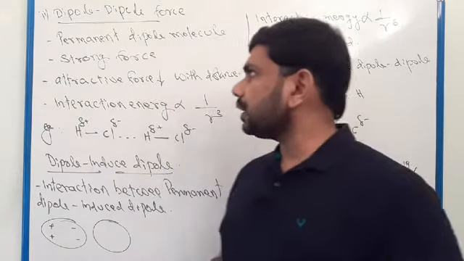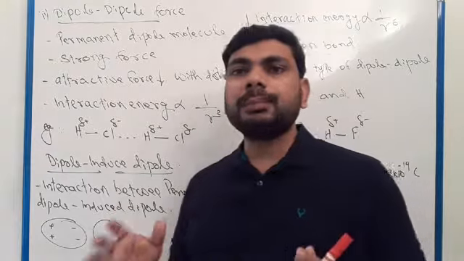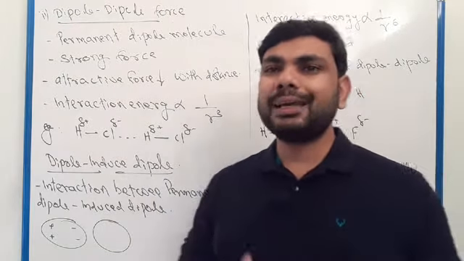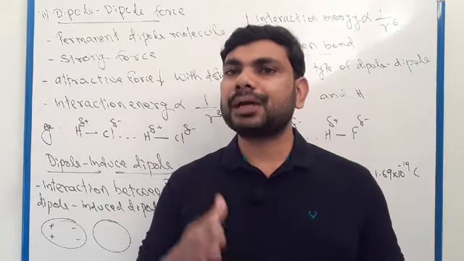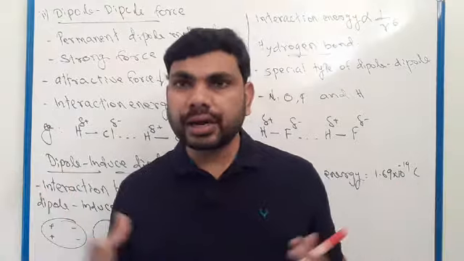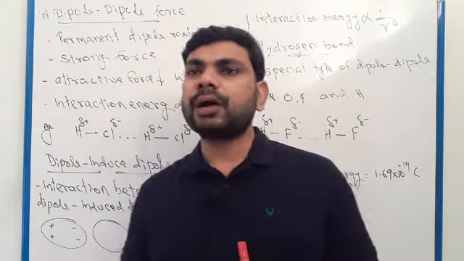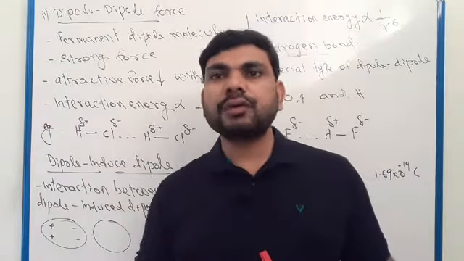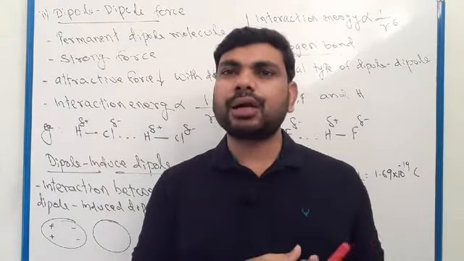Clear? So here we are talking about dipole-dipole interaction. Dipole-dipole interaction happens in permanent dipole molecules, permanent polar molecules. Two permanent polar molecules attract each other. This type of attractive force is called dipole-dipole interaction. This is a strong force because it is a permanent polar molecule.